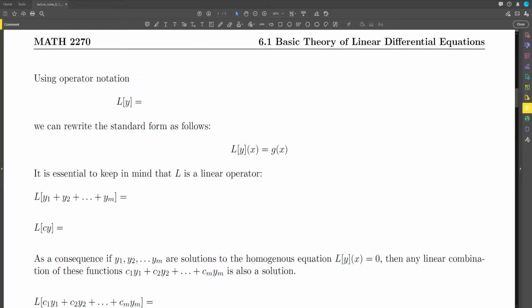In order to facilitate our discussion of basic theory, we'll introduce some operator notation.